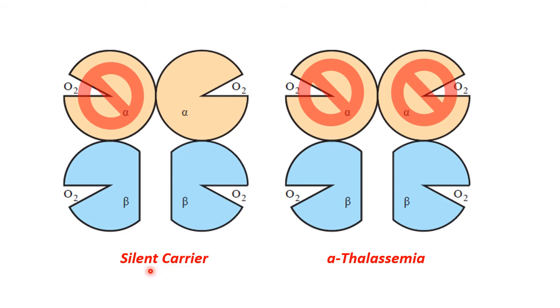So, kaya pa nilang tumanda without noticing the condition. Sa alpha thalassemia minor naman, merong deletion of the 2 alpha globin chain. Okay? So, meron na tong full-blown manifestation. Napapansin na yung clinical signs and symptoms.